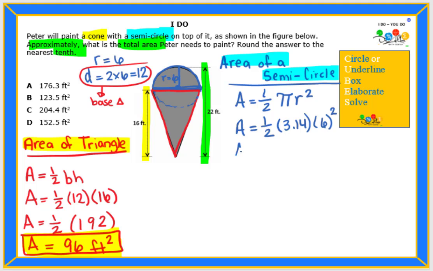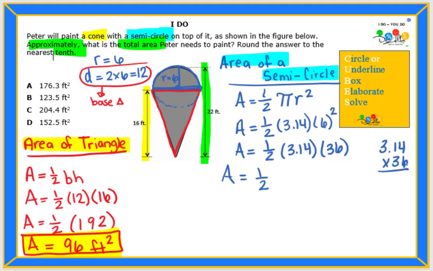So now we have area equals half times 3.14. 6 squared means 6 times 6. That will become 36. So half of 3.14 times 36. Let's multiply that out. Go ahead and take a moment to multiply it out.